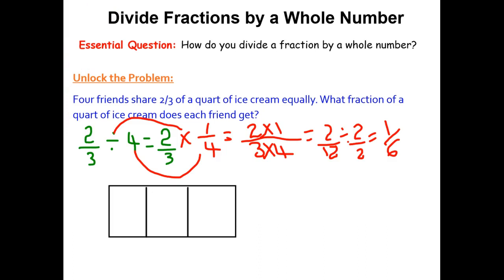So I'm going to use a crayon and color 2/3 of that. I'll use yellow. I'm going to color 2/3 of that section.